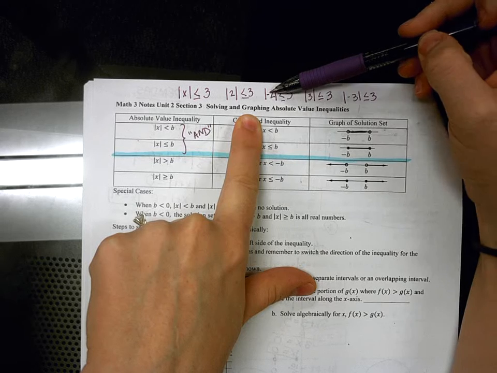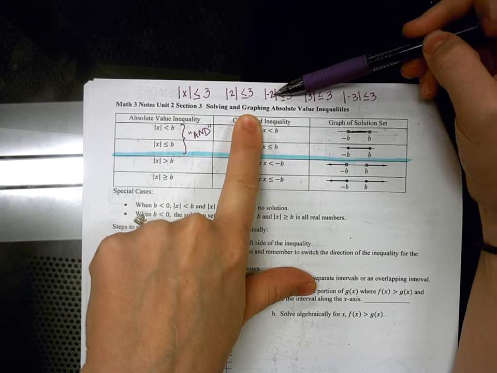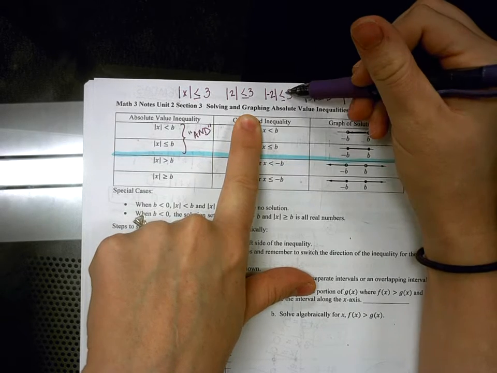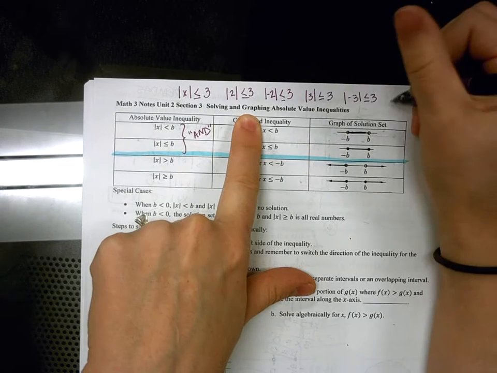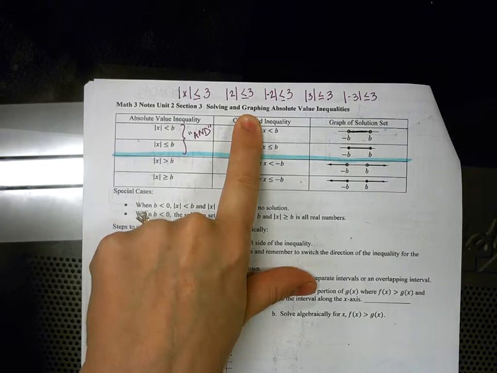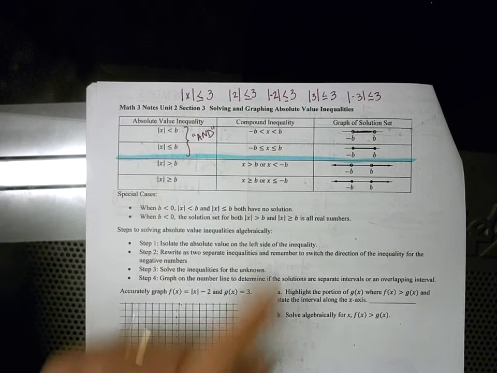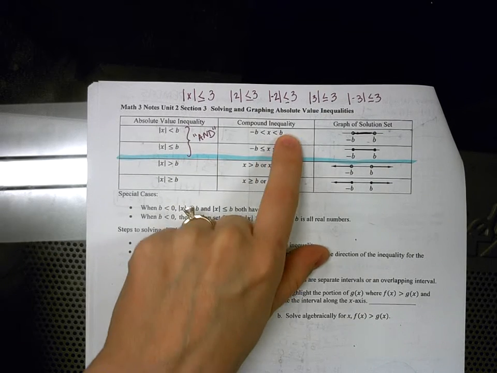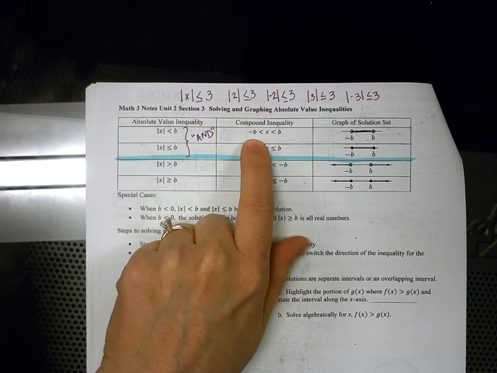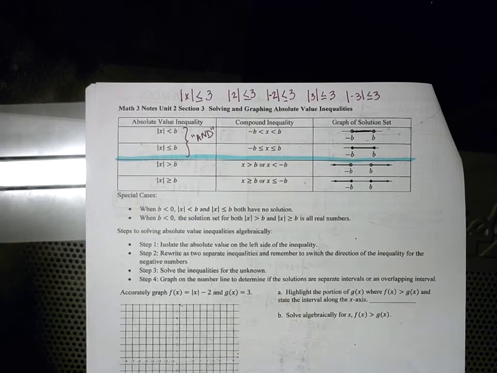If I took the absolute value of -4, that would not be less than or equal to 3 because I would get a +4. So that's why we have to use the and, because it has to be less than the positive version and greater than the negative version.